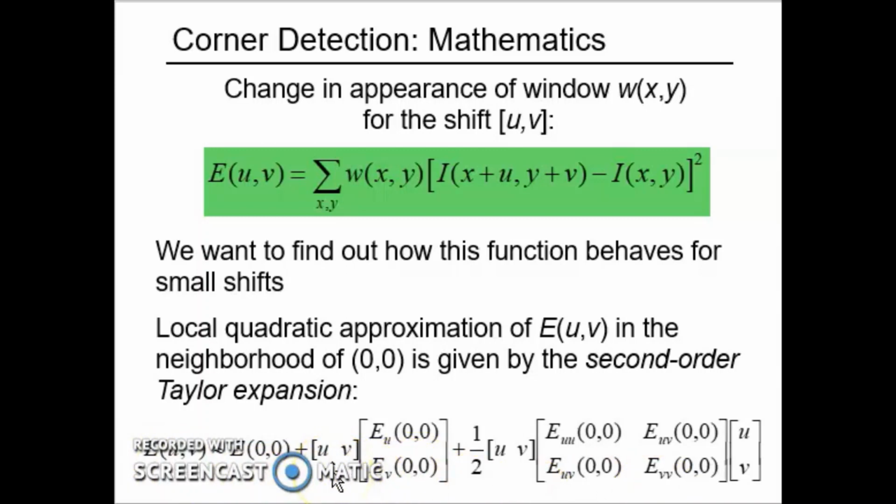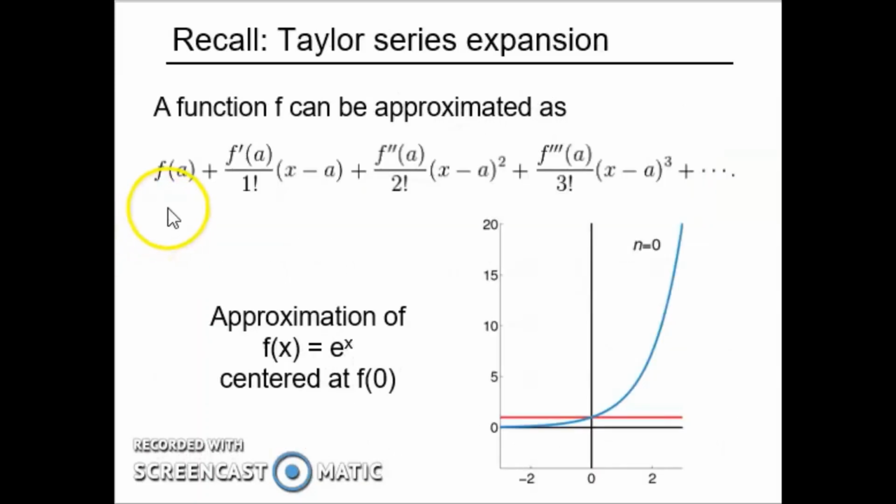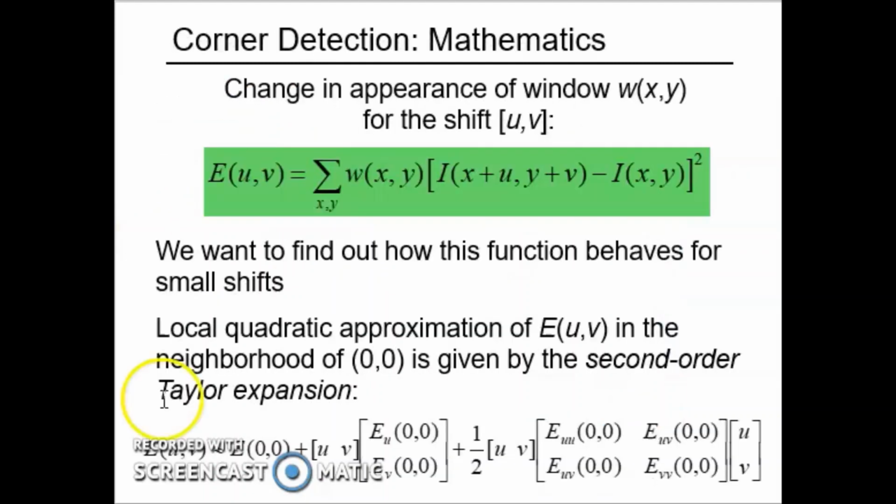And we need to keep in mind that E of uv is a two-dimensional function in contrast to the function that we have seen in the previous figure. So let me just compare these two equations. So this is f of 0. Then we see that there is the first derivative of this function, and then x minus a, and this is represented by this particular equation where E of u and E of v together form the first derivative.